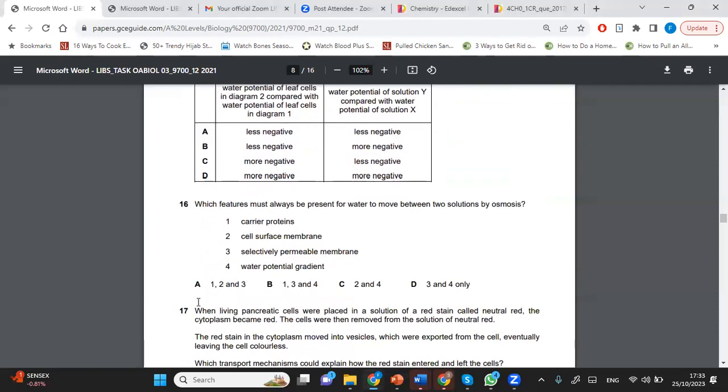Which features must always be present for water to move between two solutions by osmosis? What do you think? If you guys remember the definition of osmosis, this will be really easy.